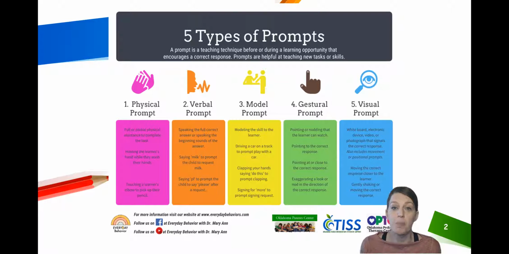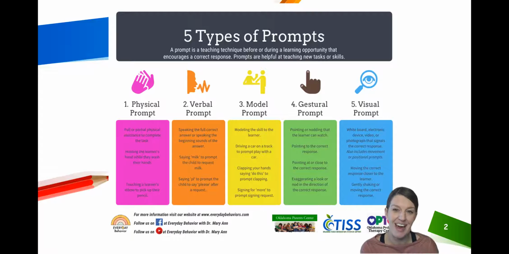A gestural prompt, and the difference between your model and your gestural prompt is that in a gestural prompt, you're kind of pointing. When you're modeling, you're actually engaging in the behavior that you want them to do. Whereas in a gestural prompt, you're pointing at, or moving towards, or giving a hint, like it's over here, kind of like when you play a search game and you say, it's over there.